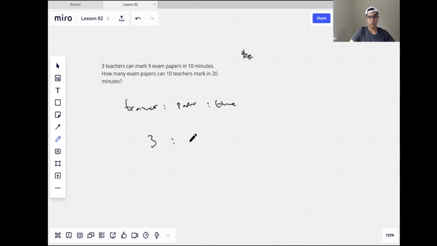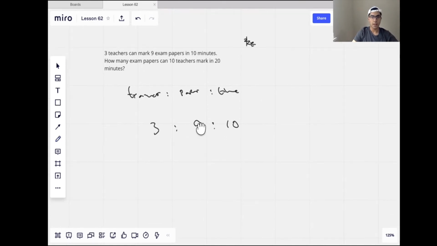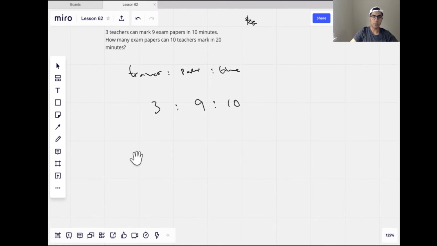And this is true, basically. This is the information we have from the first sentence. And as I said before, we know that the teachers is proportional to papers, and time is also proportional to the number of papers marked.